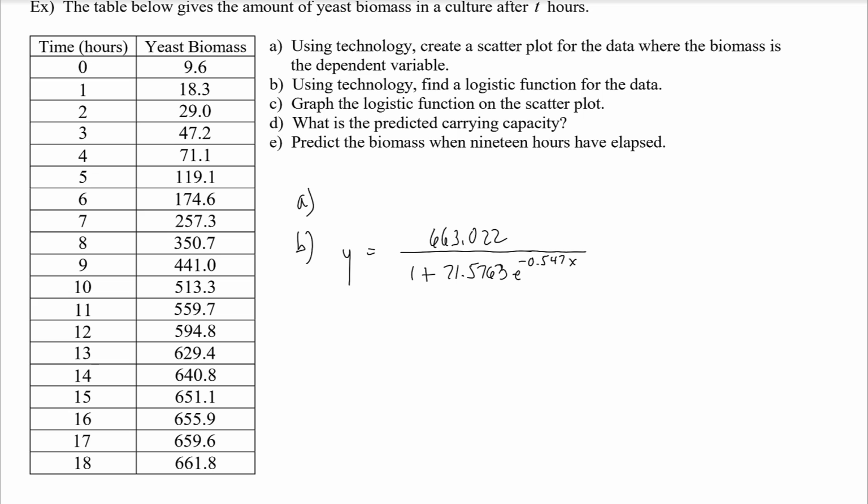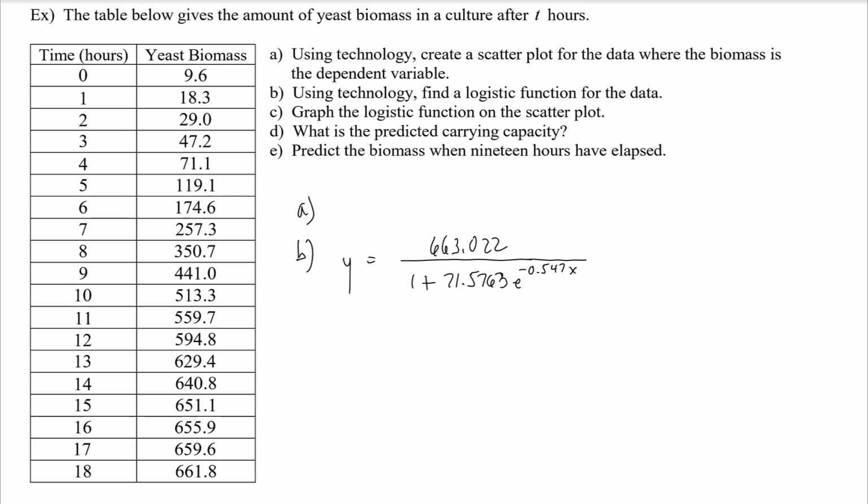As we can see, B is positive. The negative is part of the formula. So this is growth, which we saw in the data. All right, here we go. Let's see, graph it. We did that. GeoGebra handled the graphing part.